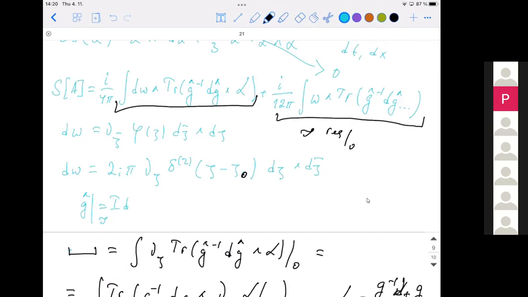So this is actually 0, so it will disappear. But for other models, it does not have to disappear, and it's proportional to this Wess-Zumino-Witten term.